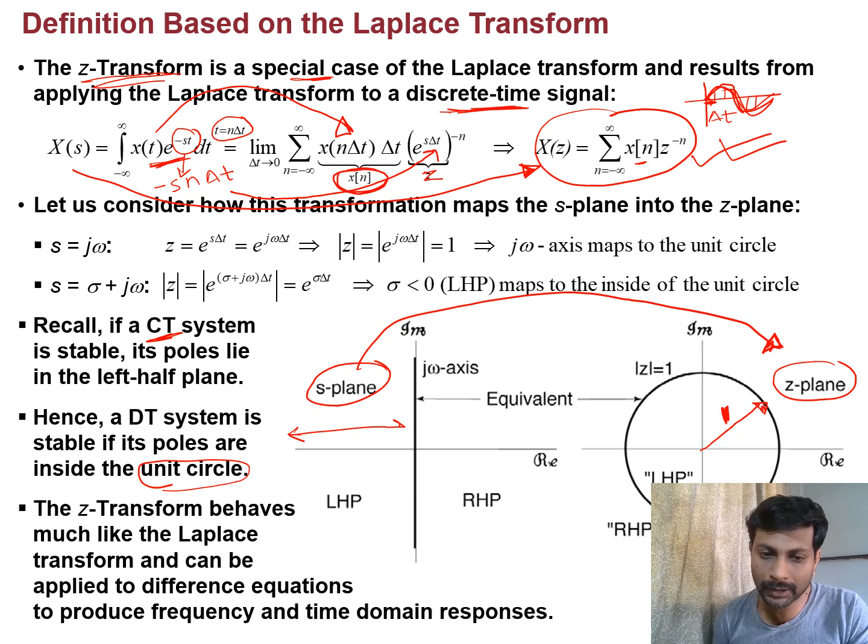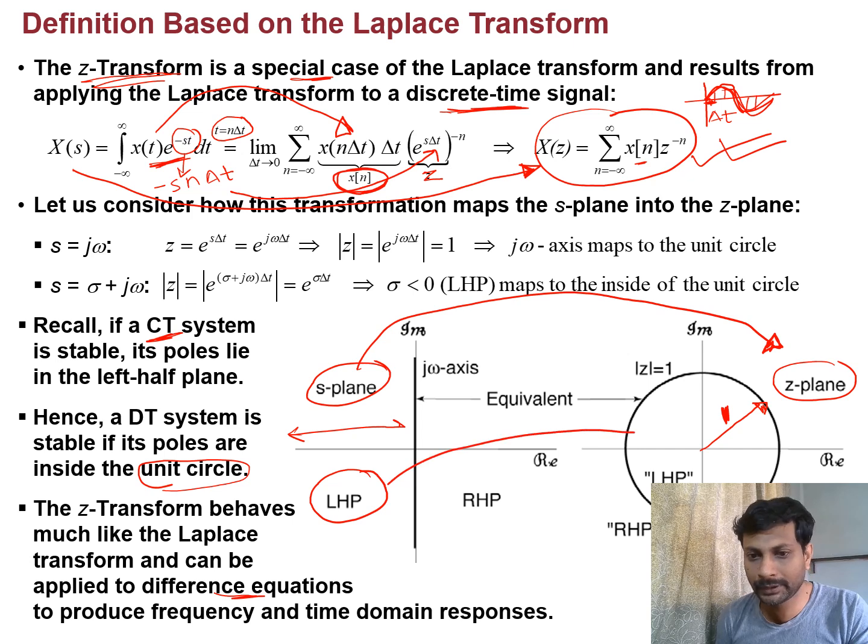The radius is 1. So in other words, the Z transform behaves much like the Laplace transform and can be applied to difference equations to produce frequency and time domain responses. That means the left half plane poles will be represented within the unit circle in the Z plane.